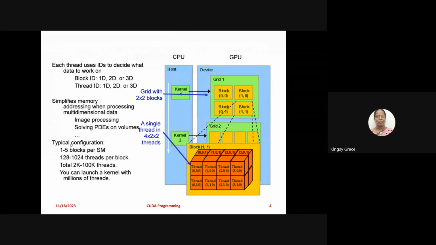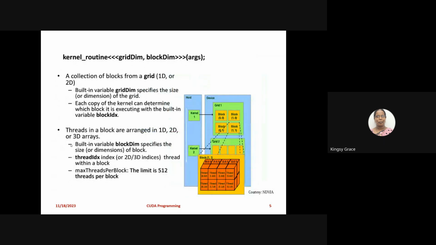And each block contains 128 to 1024 threads. Okay, 128 to 1024 threads are there in each block. And totally, if you multiply, you will be getting around 2K to 100K threads. And so you can launch a larger number of threads for your kernel instructions. Okay.